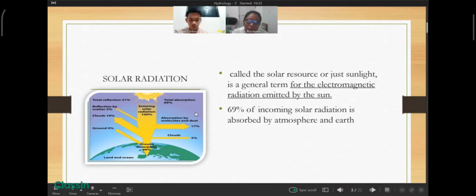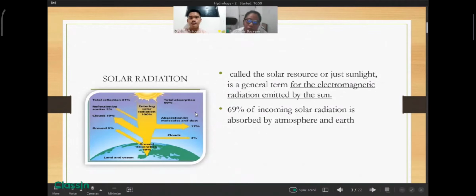The intensity of solar radiation that a location or body of water receives depends on a variety of factors. These factors include latitude, season, time of day, cloud cover, and altitude. Not all radiation emitted from the sun goes to the earth.